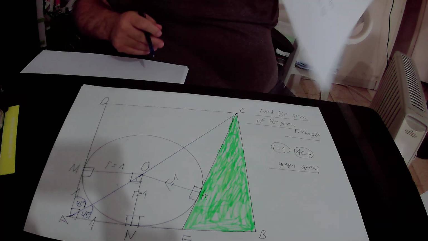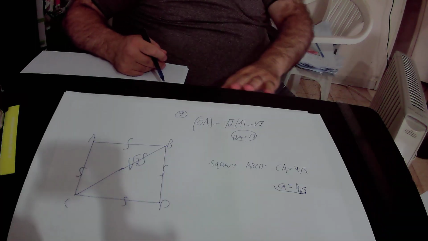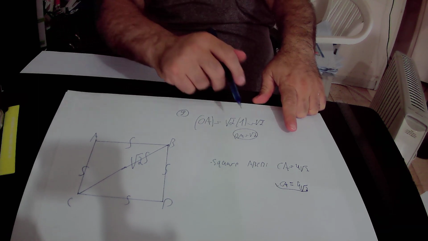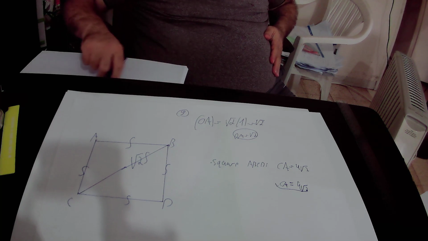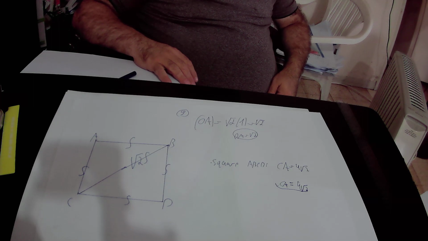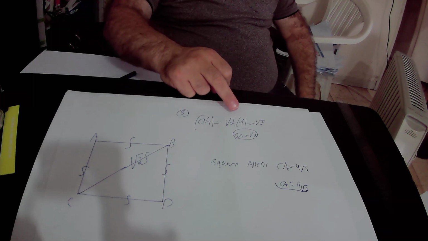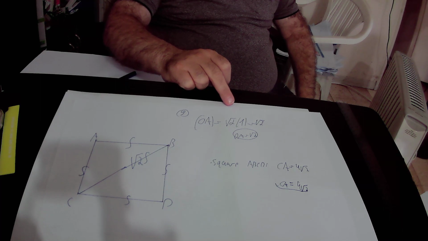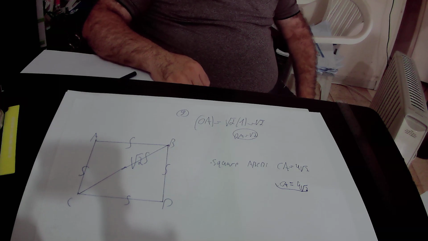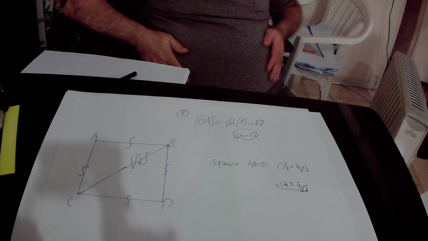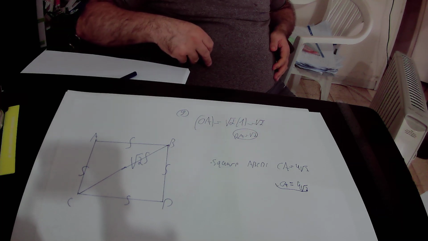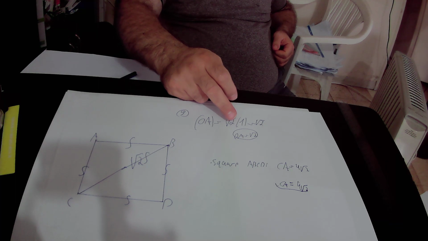I'll repeat again. We found out that the length of diagonal CA of the big square ABCD is equal to 4 times square root of 2 units, and the length of the diagonal OA of the small square MOAN is equal to square root of 2 units. So the length of diagonal CA is 4 times as large as the length of diagonal OA.